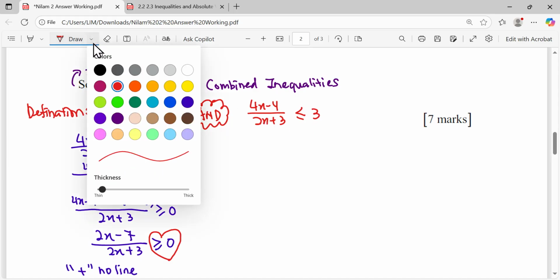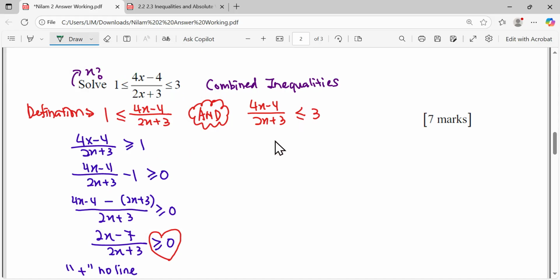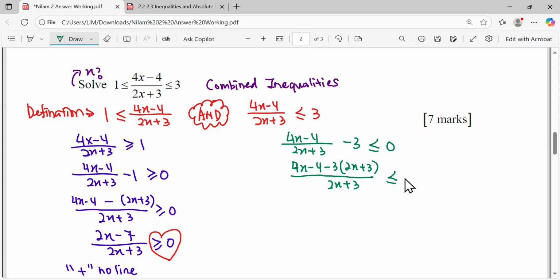So the second inequality, we will go through the steps again. Firstly, move everything to the left hand side. So minus 3 less than or equal to 0. Then secondly, get the same denominator. So this value will be multiplied by 2x plus 3.